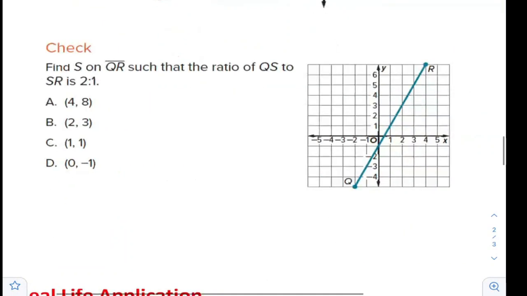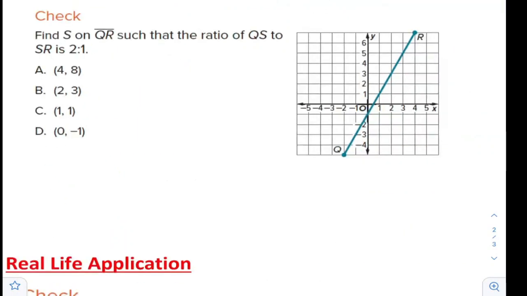Let's see here, what can we do? Find S on QR such that the ratio QS to SR is 2 to 1. What is given to us? It starts by Q, ending by R. If you imagine it, this is the Q, then S somewhere between, then S to R. So this is number 1, this is number 2. Point number 1 is Q, so this is X1, Y1.